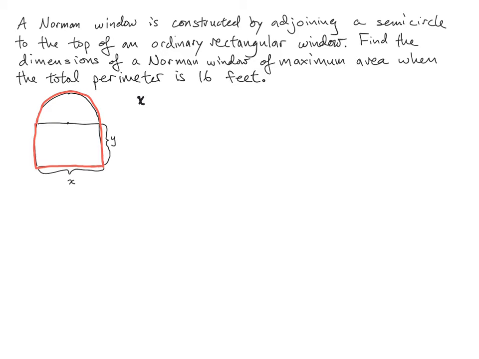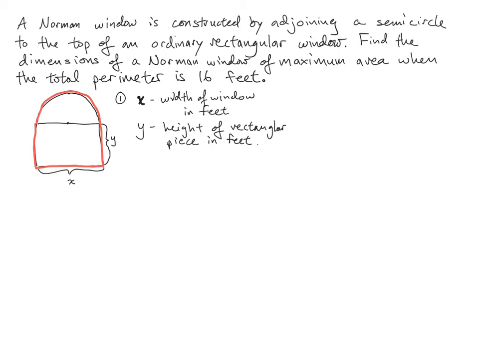All right, we have to do step one here, write everything down. Width of window, we'll say in feet. Y is the height of the rectangular piece, in feet.